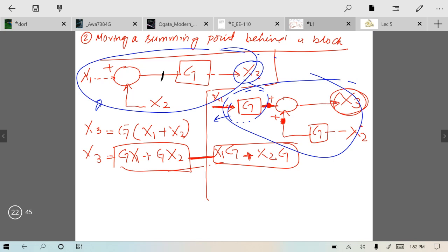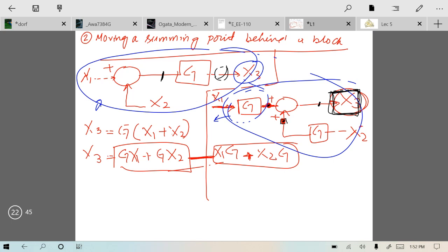So when we want to move this summing point to this point, what would we need to do? We want the end result not to be disturbed. We want x3 there. If you evaluate, this signal over here is something plus something else added up.